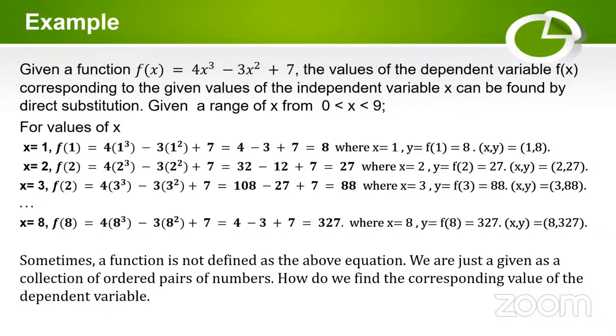So here, if we are asked to get the corresponding value of our function f of x when x is equal to 1, we can compute it by direct substitution. We just substitute the value of our x into this equation, and we are able to get the corresponding value of our f of x, which is also referred to as the y-axis. Here, we substitute x equals 1 into the function.